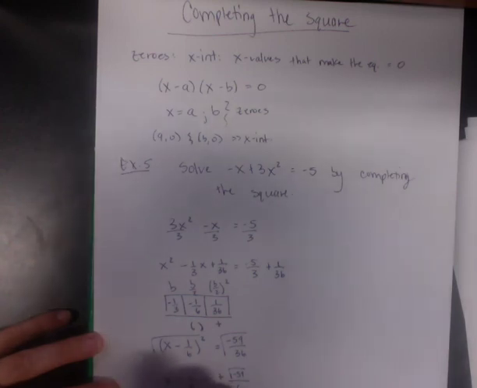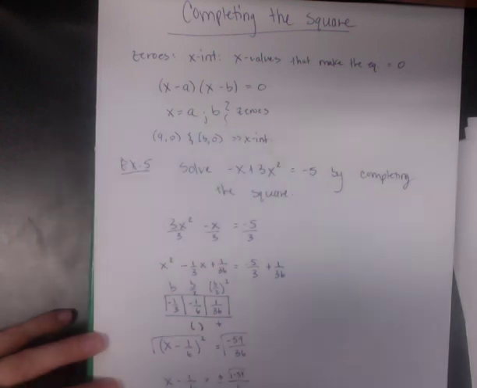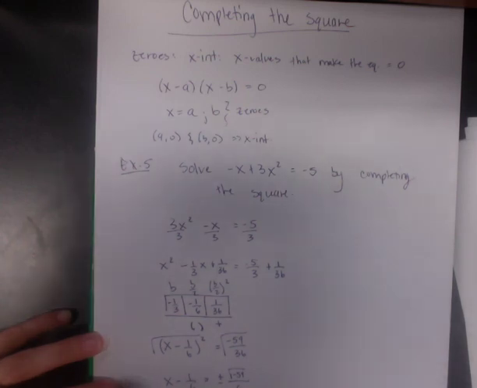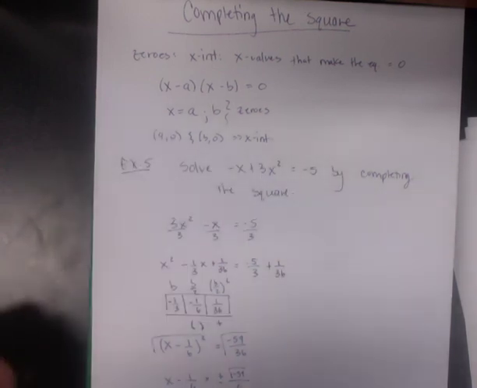So I have x minus 1 over 6 equals plus or minus the square root of 59 over 6i. And I'm going to add my 1/6 over, so x is 1 over 6 plus or minus the square root of 59 over 6i. And those are my two answers.